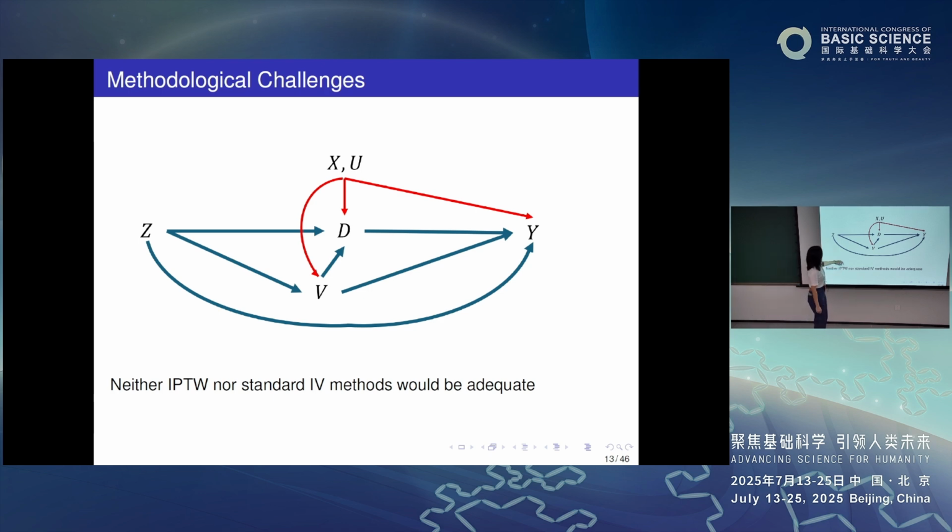That is, there could be a direct effect of Z on Y, and also there could be an effect of Z on Y through the post-treatment confounder, which has an impact on D. Also, there could be measured and unmeasured confounders between the V, D, Y relationship. So this is a causal structure that we would like to recover. But as we mentioned, neither IPTW, the weighting, nor the standard IV method would be adequate for this setup.